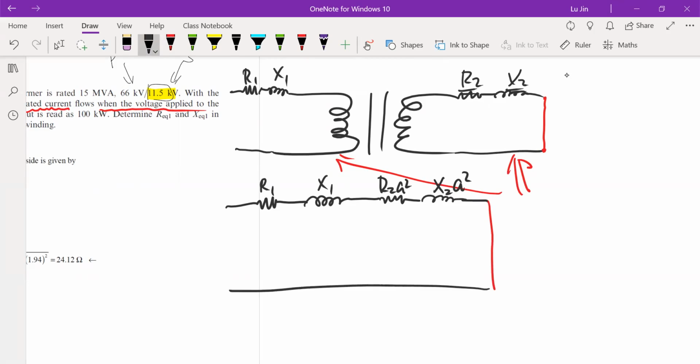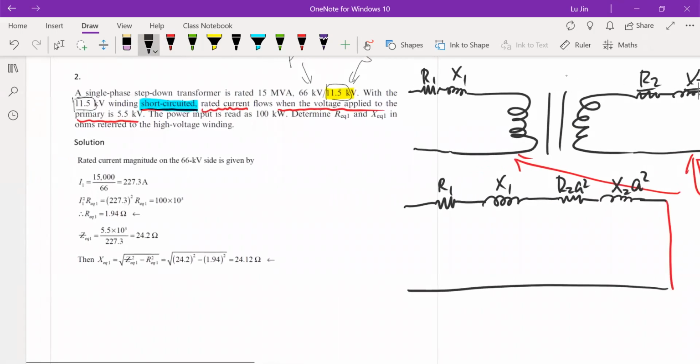In this situation, what's the next condition? Let's have a look. Rated current flows. In other words, after we make such a short connection, in this equivalent circuit the rated current is flowing through. This rated current can be determined by using the rated power and rated voltage. We temporarily call that I1.